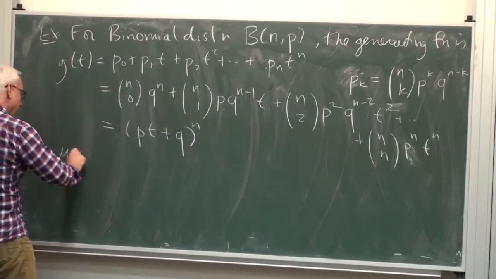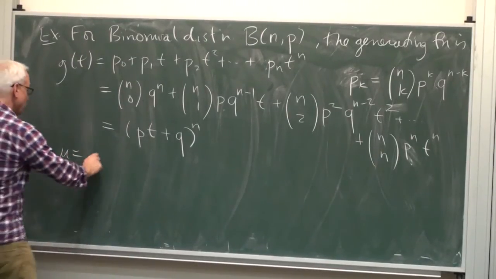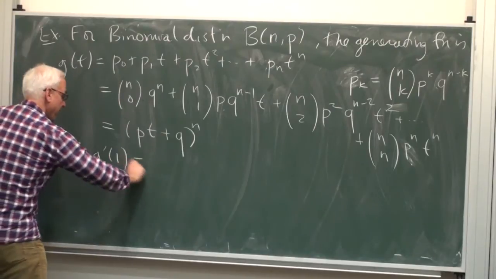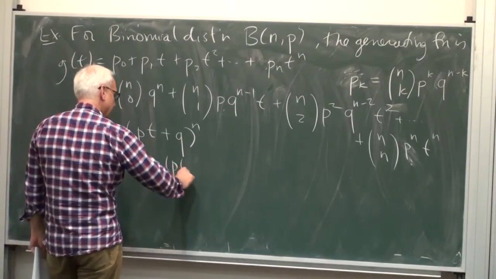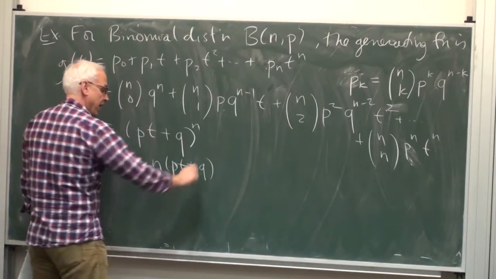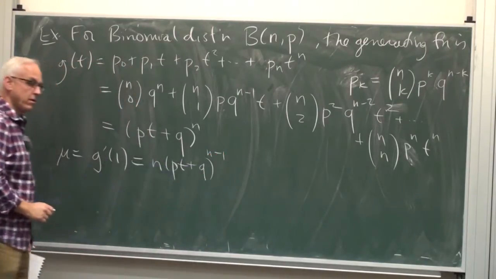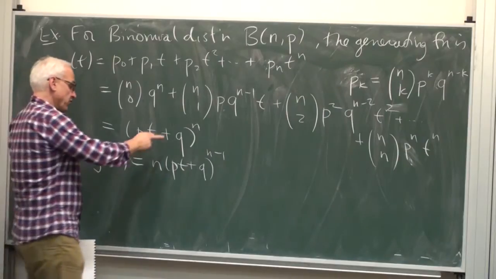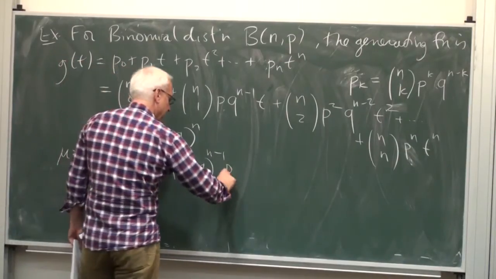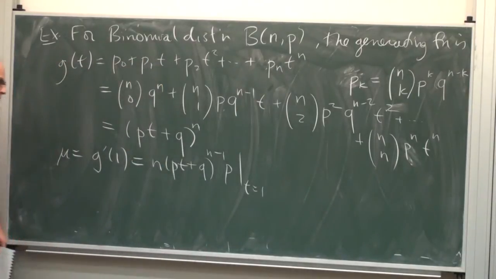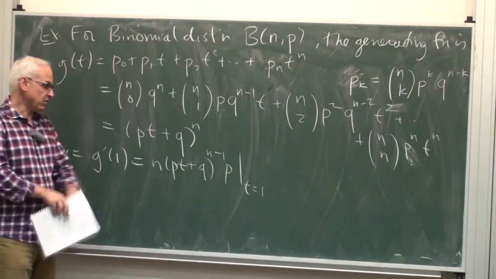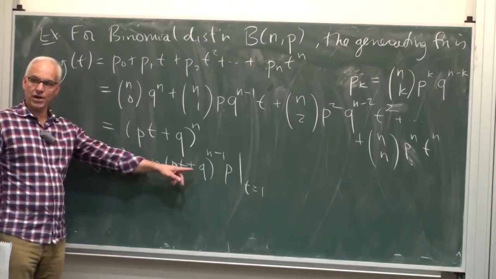So the mu, according to the theorem, is g prime at 1. So we have to differentiate this. n times (pt plus q) to the n minus 1 times the derivative of the inside, which is p, and we have to evaluate that at t equals 1. Well, when t is equal to 1, we get p plus q here, which is 1.